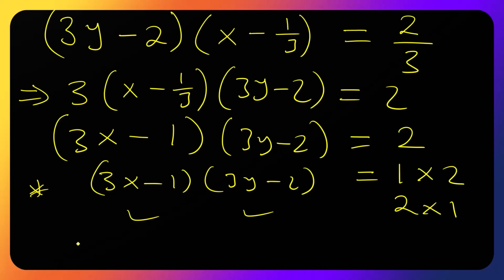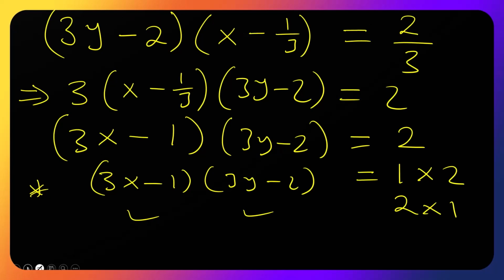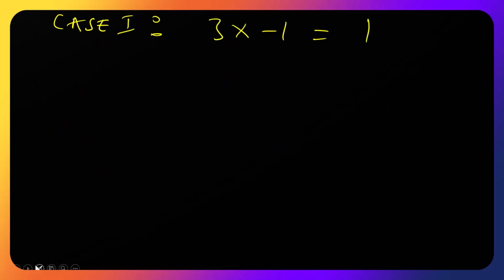In case 1, we have 3x minus 1 equals to 1, and 3y minus 2 equals to 2.